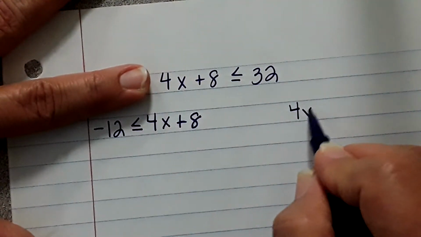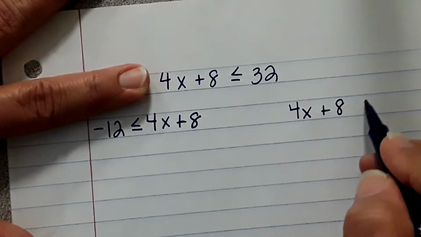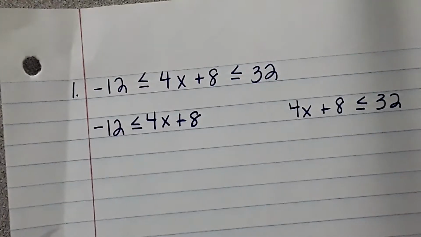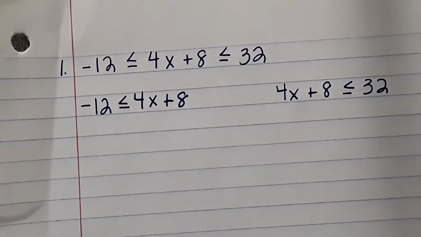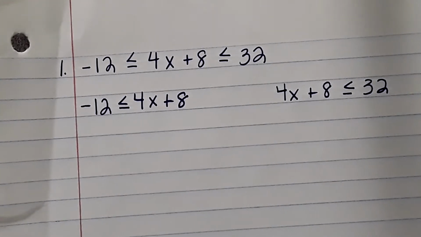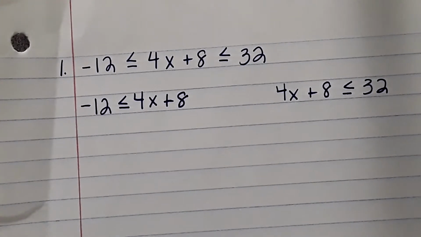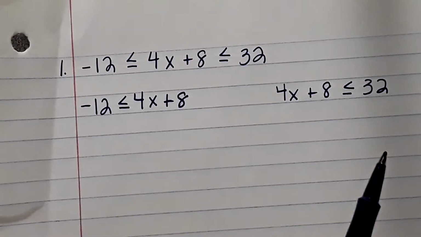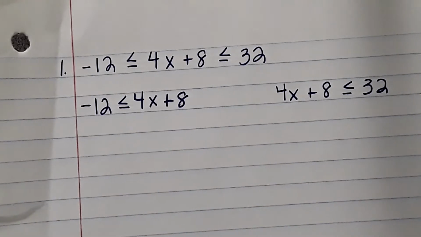So we're going to do 4x plus 8 is less than or equal to 32. Now with just basic inequalities, that's how it works. When we get to absolute values, things are going to change a little bit, but this is how it works for compound inequalities. Now we are going to solve it just like we normally would.